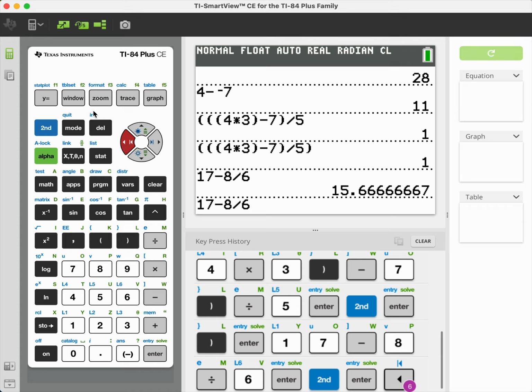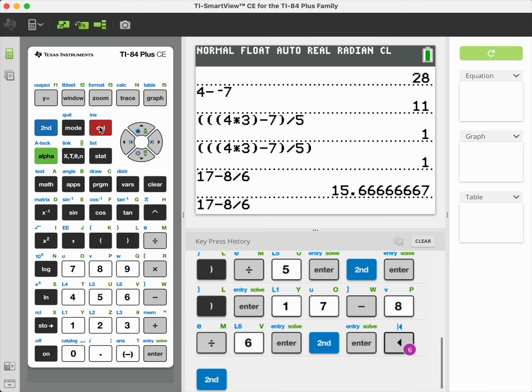Up here, this button is delete, and that one is insert. I want to insert a start parenthesis, so second and insert, then you'll see the cursor is blinking on top of the first digit. If you type a start parenthesis there, it will insert it in front of the digit that's blinking.